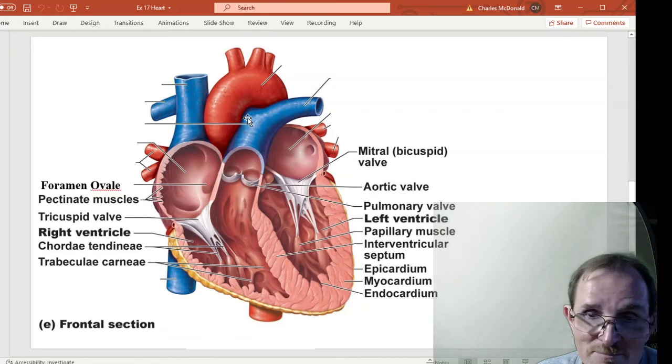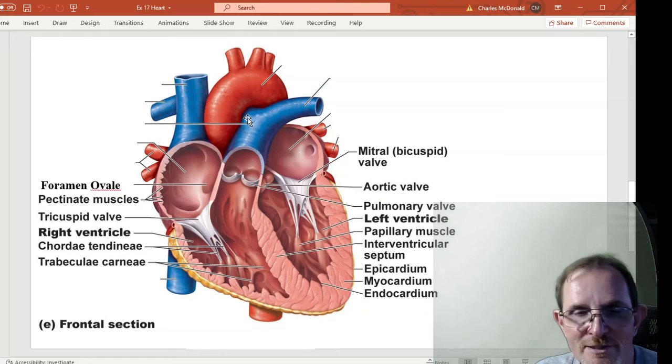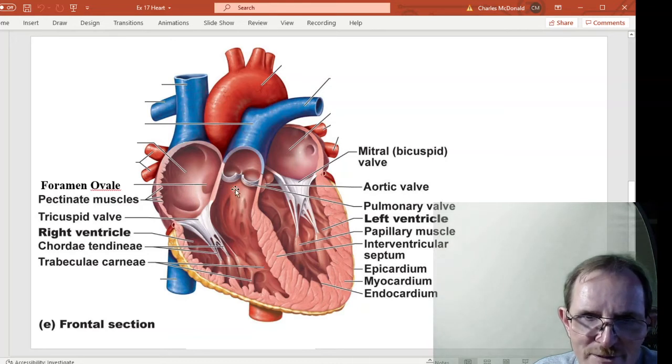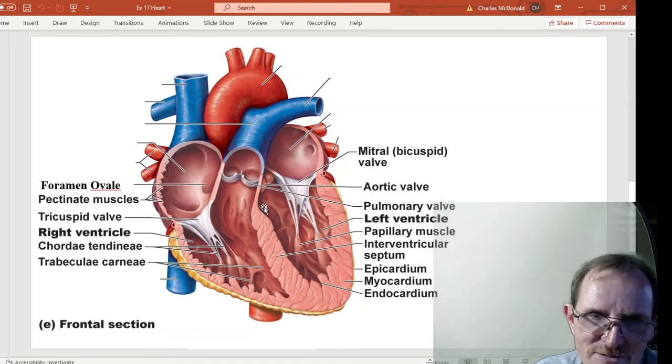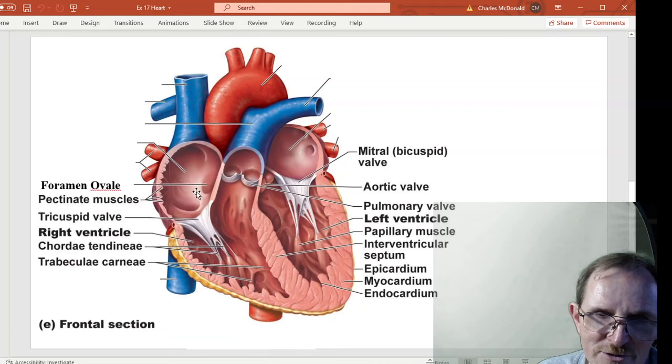You have anastomosis. Don't want to go into that. That's for the lecture. But this is a hole that allowed blood to come from here and then go into the left side of the heart. You may have heard of babies born with a hole in their heart, this is what they're talking about.